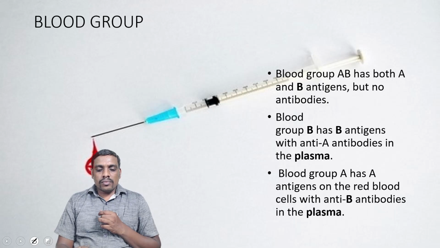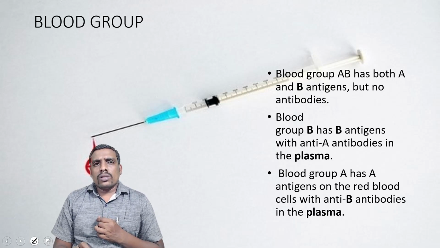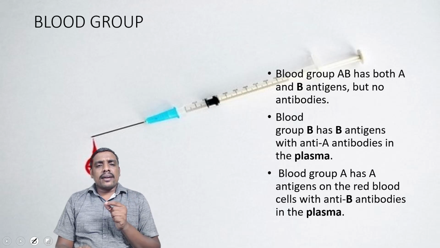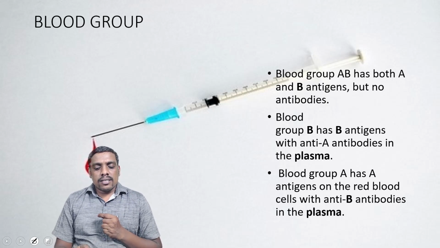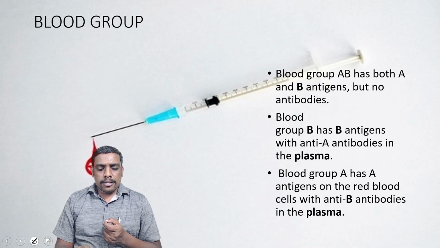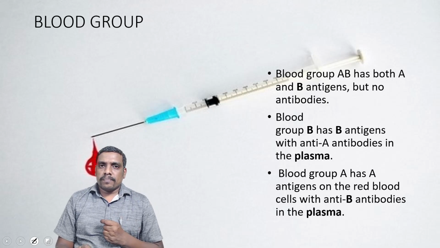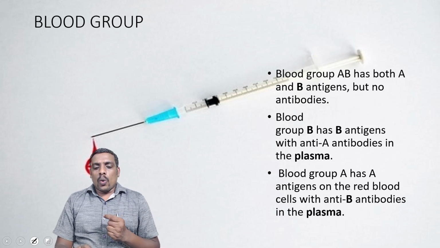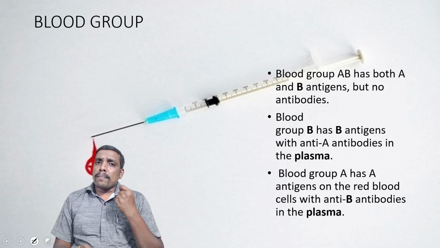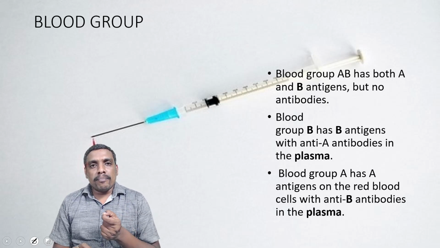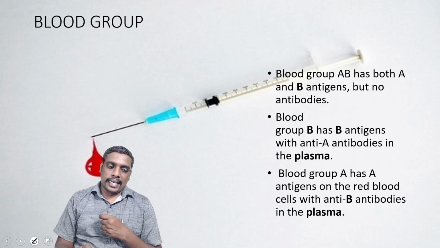Next, blood group A has A antigens in their red blood cells with B antibodies in their plasma. Hence, blood group A can receive the blood from O, isn't it? Now, blood group A can donate blood to AB. Blood group B can donate blood to AB. Why? Because AB blood group is the universal recipient.